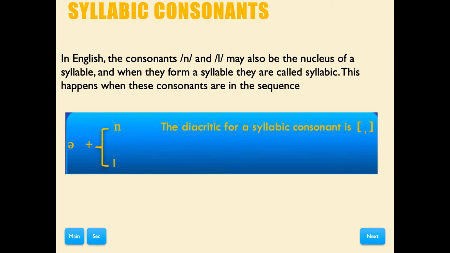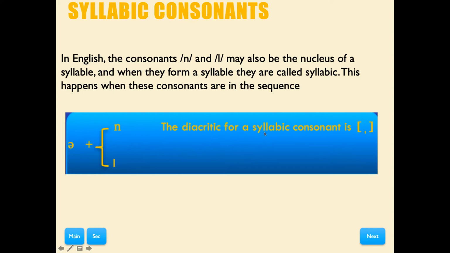Now, when does this happen? Basically, when you have schwa followed by the alveolar nasal or the lateral alveolar, in the same syllable. Again, schwa followed by the alveolar nasal, alveolar lateral, in the same syllable. The nasal and the lateral become syllabic.